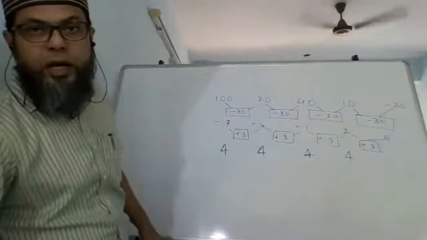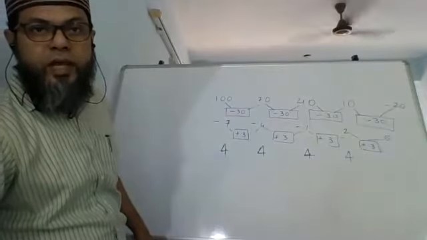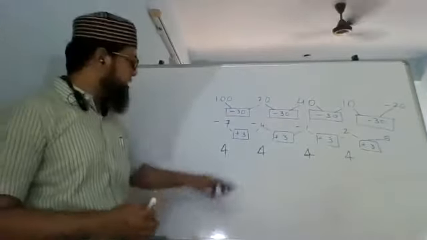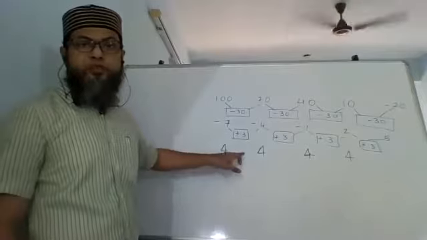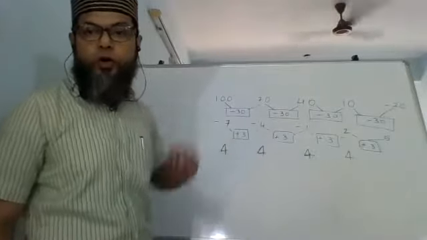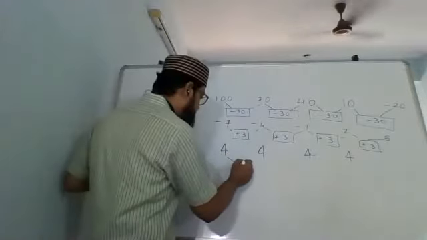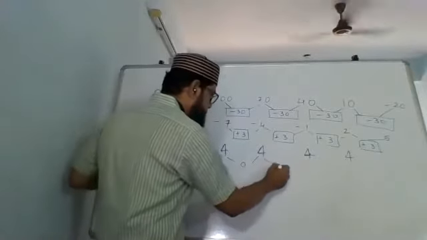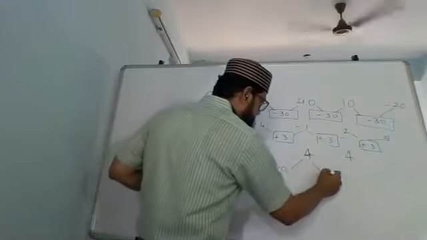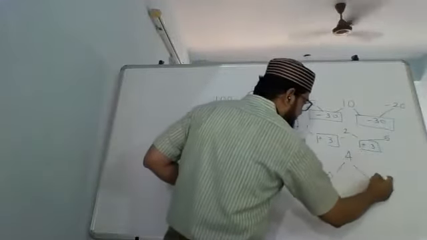Let's come to the last one. In the last one, what is happening? Everywhere it is 4, 4, 4, 4, 4. So here what is happening is I am adding 0. Of course, the next one again I add 0.